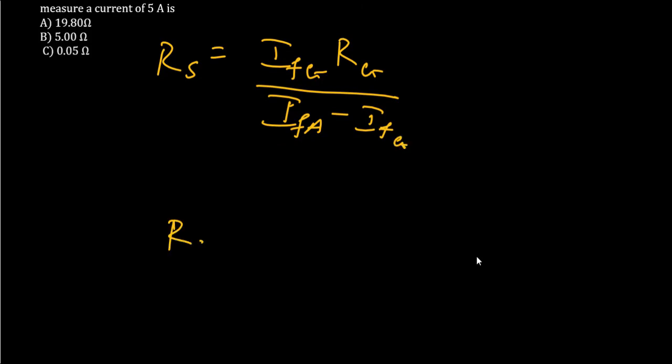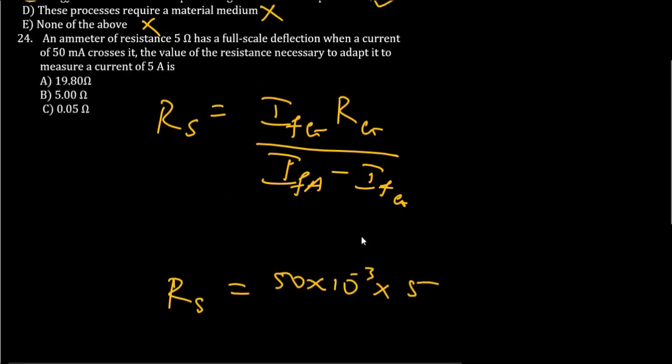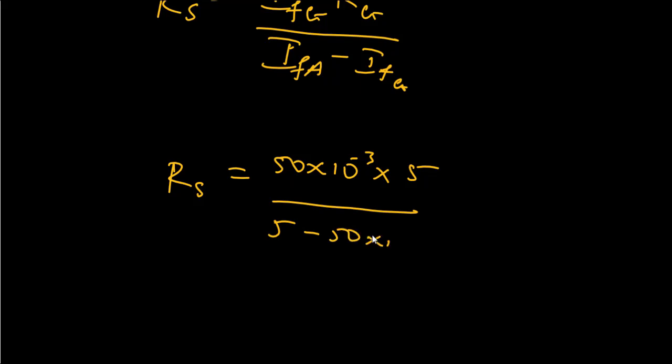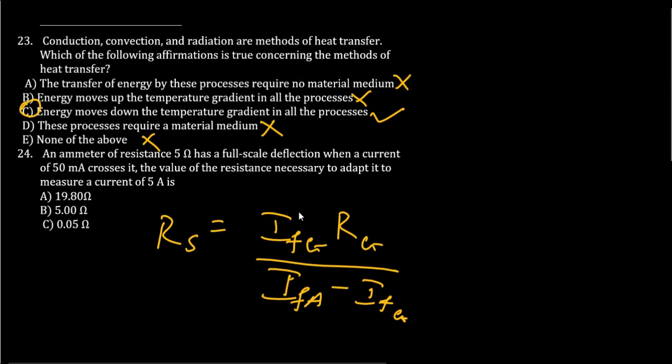So RS will be equal to, IFS is 50 milliamperes, so that will be 50 times 10 to the negative 3 times the resistance of the meter, which is 5 ohms, divided by 5 minus 50 times 10 raised to the negative 3, and numerical application yields 0.05 ohms. So the correct option is C.